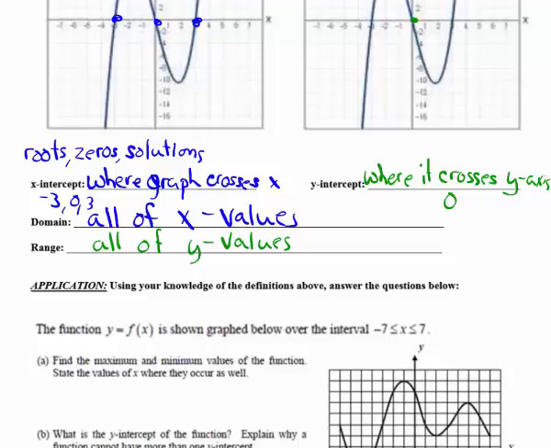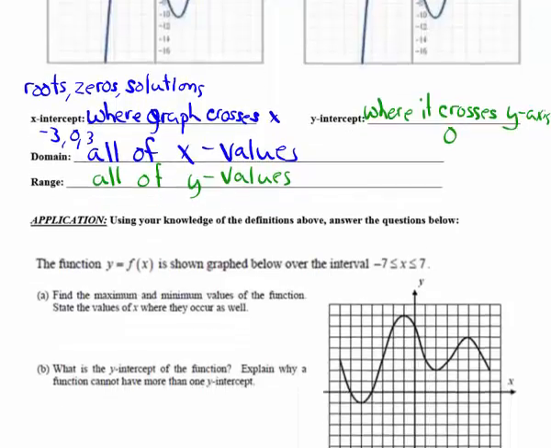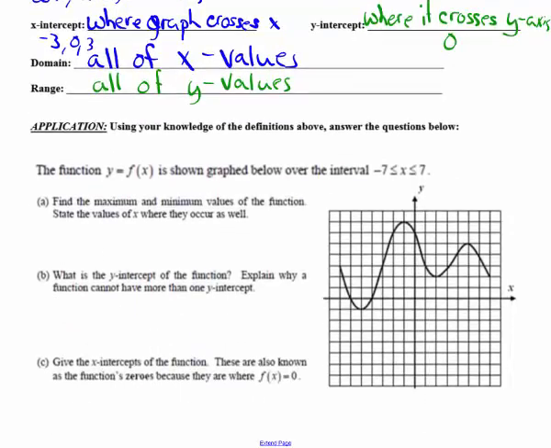All right, let's try an example here. So here's the function, and it's graphed between -7 and 7. Find the maximum and minimum values of the function. The maximum is the highest turning point, so even though there are 2 turning points, I need the highest one. This is the one that I need.